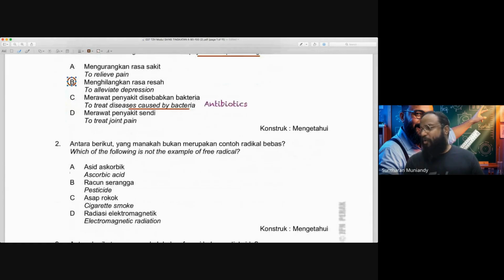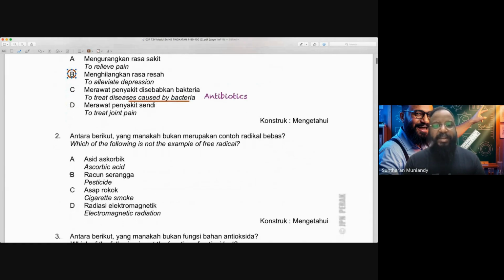Which of the following is not an example of free radicals? Now, what are free radicals? Okay, out of all the chemicals that we have, we got something called the free radicals that will alter our molecules, which may cause oxidation, or may cause some changes in our chemical structure.